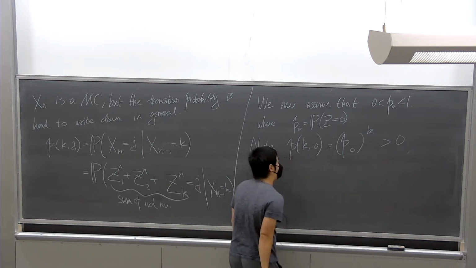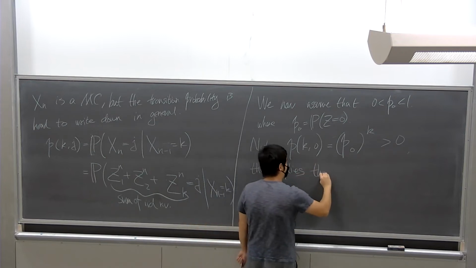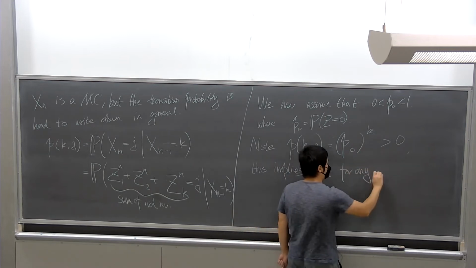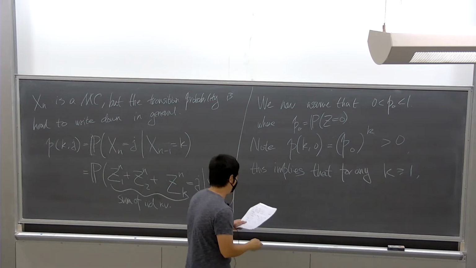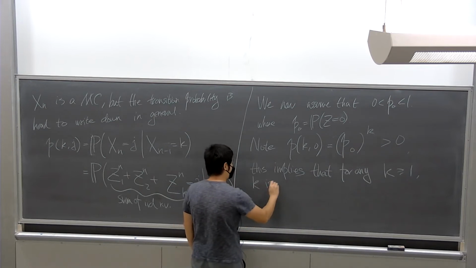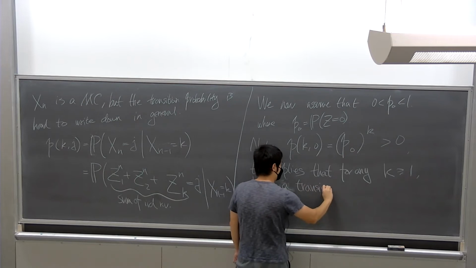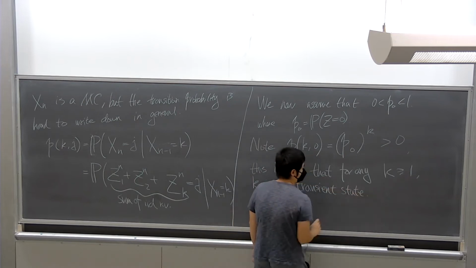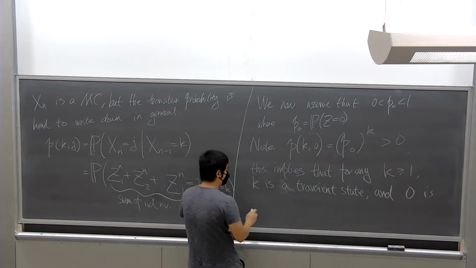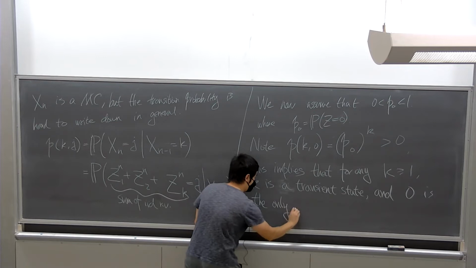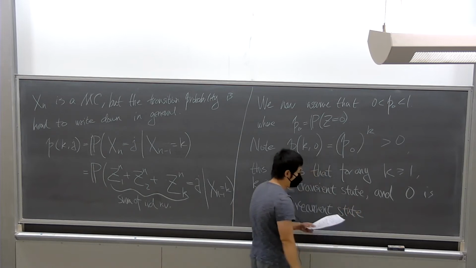This implies that for any K greater than or equal to 1 inside our state space, K is a transient state. 0 is the only recurrent state for this Markov chain.